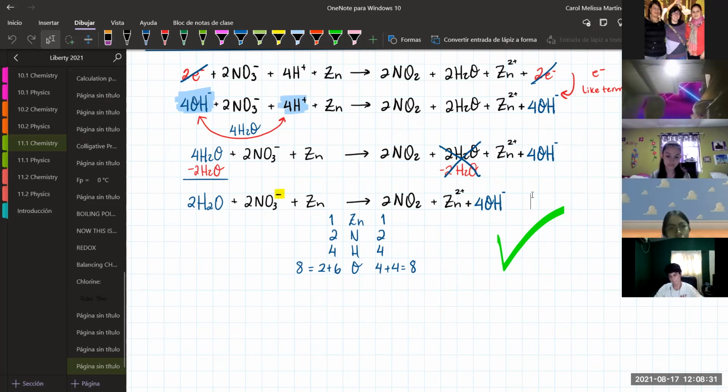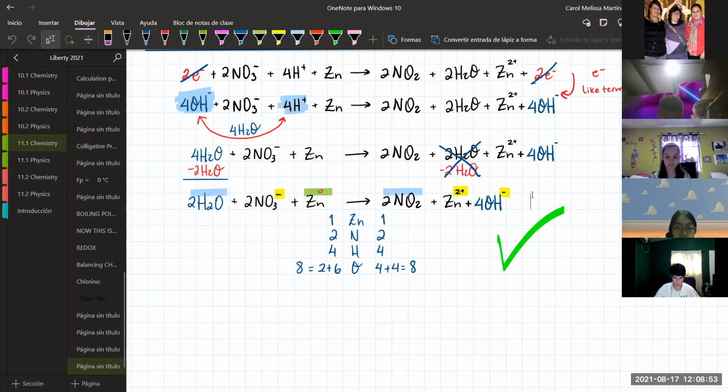This is an ion, this is an ion, and this is an ion. This is a pure element, which has a charge of 0. This is a compound, okay? This is a compound, and this is a compound.